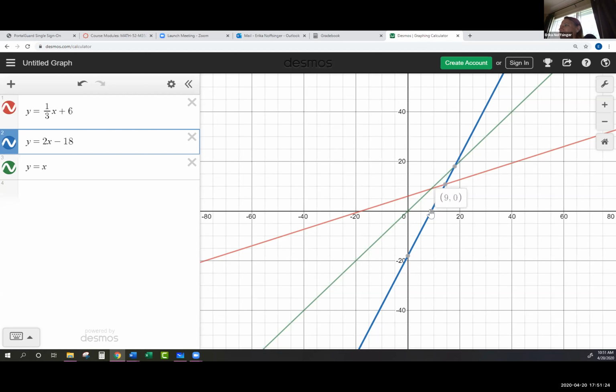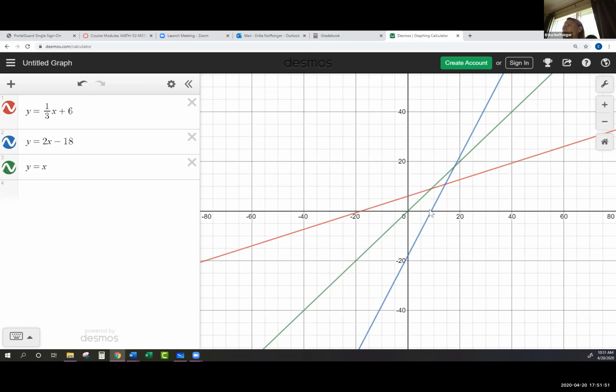Well, let's look at this x value here. This x value here is 9, 0. And so there should be on our graph a point swapping x and y. There should be a point on our graph that is at 0, 9. Which if I look over here, this is not 0, 9.